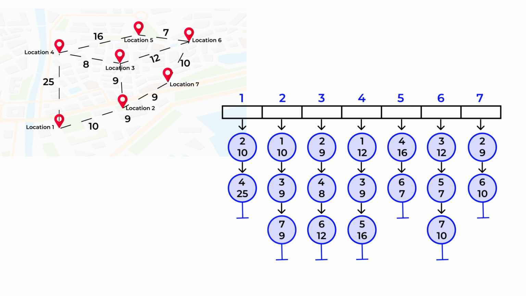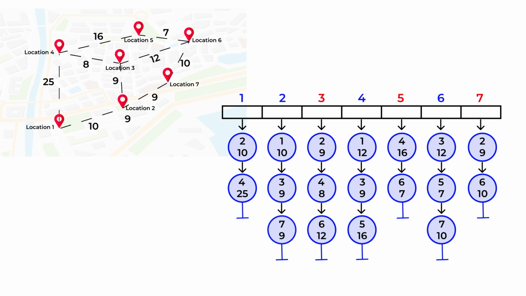As you can see, location 1 and 2 are connected with a road having a distance 10. Hence, there is a node numbered 2 with distance 10 in the list of location 1. Similarly, location 1 has a road up to location 4 having a distance 25. Hence, there is a node numbered 4 and distance 25 in the list of location 1.